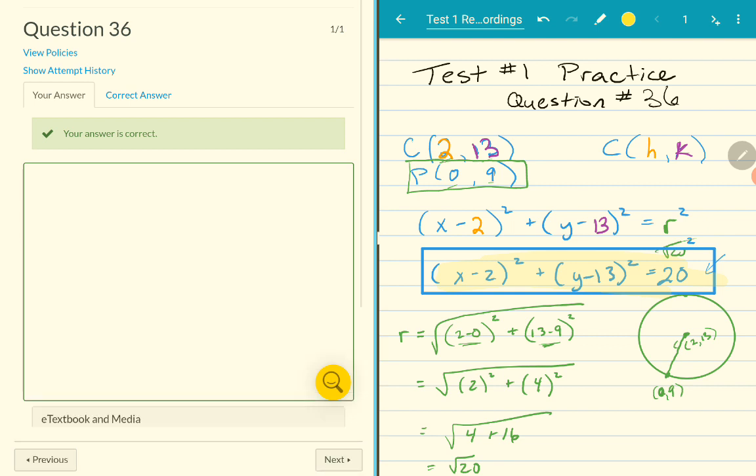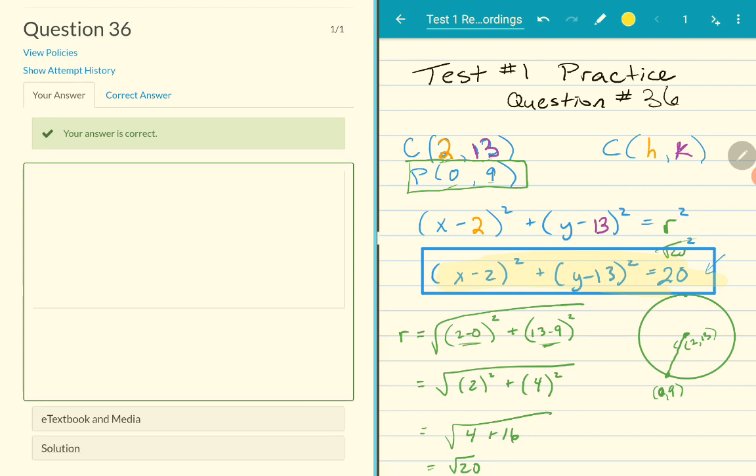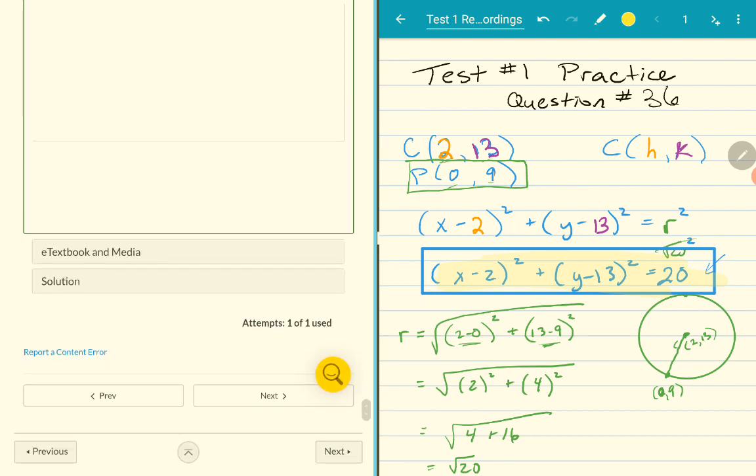If I did get it wrong, or if I'm just not sure about the answer, on the practice test you get immediate results to find out if it's correct or not, as well as the ability to view the solution.